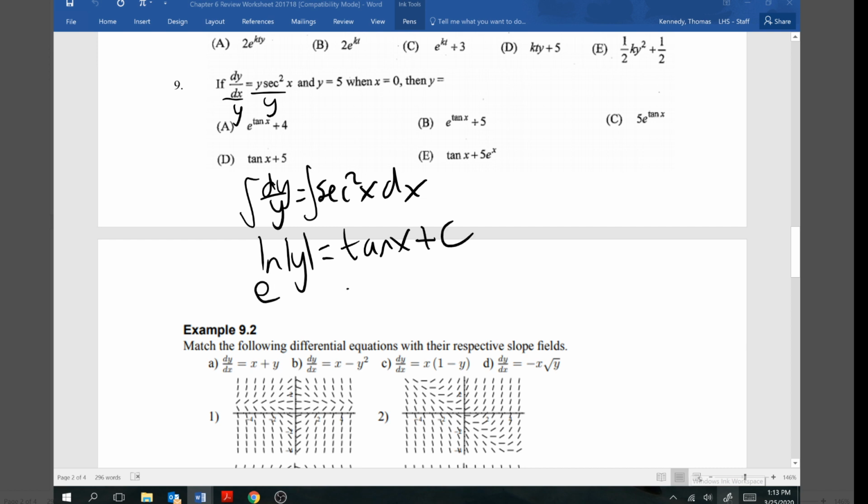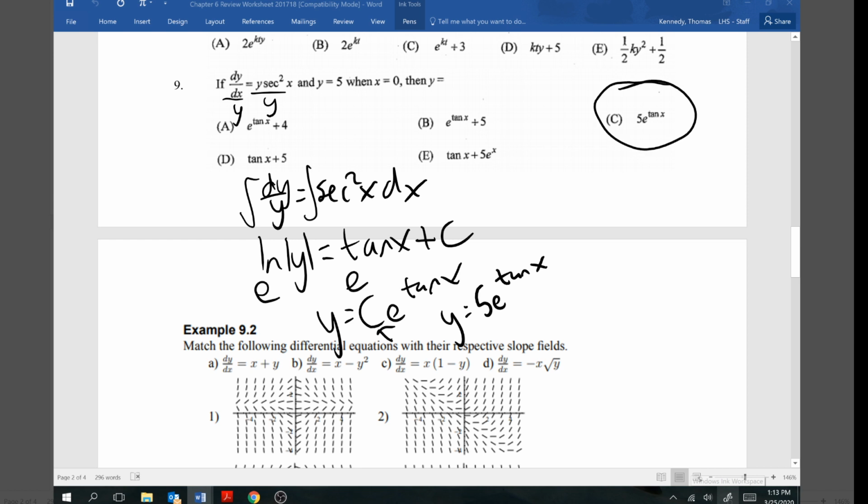We e both sides, and we get c e to the tan x equals y. And then all you have to do is use the initial condition, which is (0, 5), so c is 5. So we get y equals 5 e to the tan x. And booyah. Chillin'.